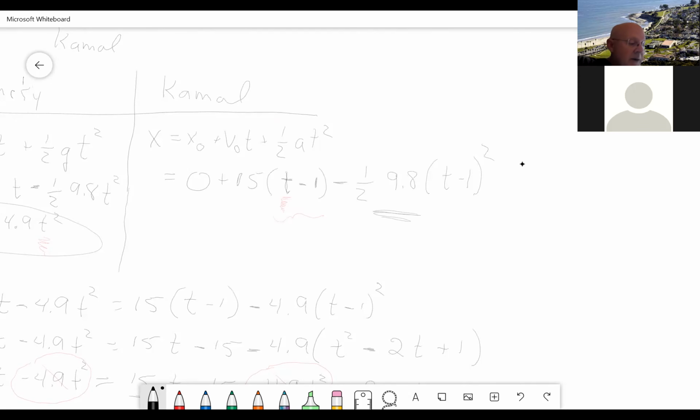And let's see if I get the same number. And I got an error. Oh, I inputted it wrong here. Okay, all right, see if that is better. Okay, so 15 times 0.55 minus 4.9 times 0.55 squared. All right, enter. And I get, within some rounding, the same number, 6.76. So I think I got that.